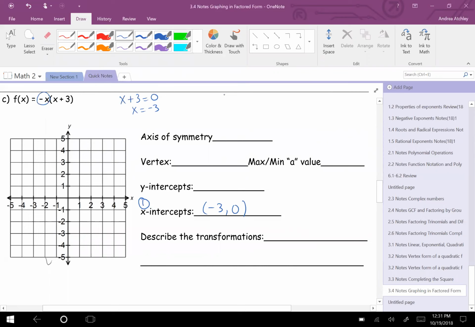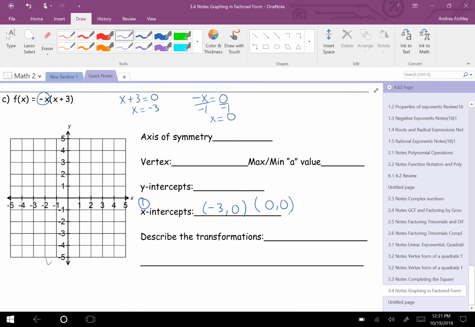So we have to set -x equal to 0 as well. To solve for that, divided by -1, divided by -1. And I would get x equals 0. So 0, 0. Okay, that was the tricky one.